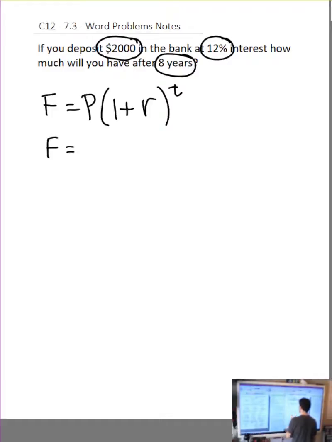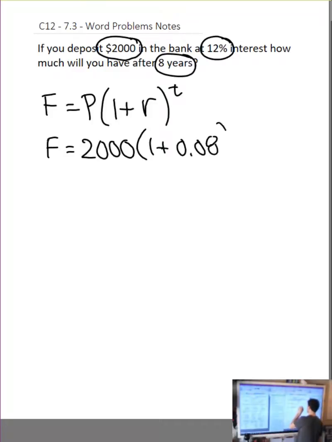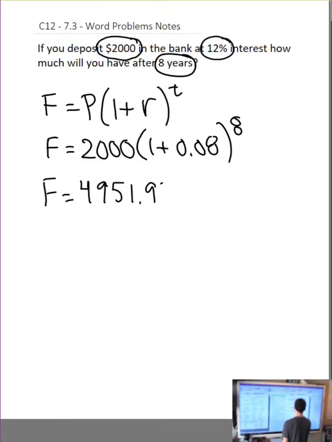The present value in the equation is 2,000. 1 plus the interest rate, 0.08 to the exponent time, 12 years. So this we can type in directly into our calculator and get $4,951.93.